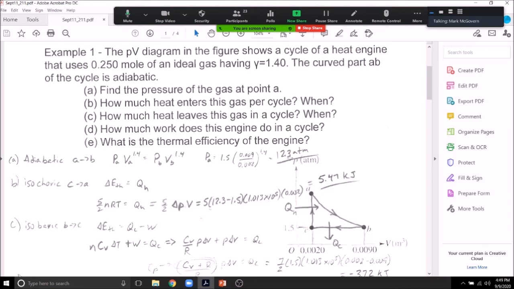And on B to C, the temperature's dropping, so that's not heat entering, that's heat leaving. In an isochoric process, there is no work being done. So our first law of thermodynamics says that E thermal equals the heat, which would be QH in this situation. We have a diatomic gas. E thermal is 5/2 nRT.